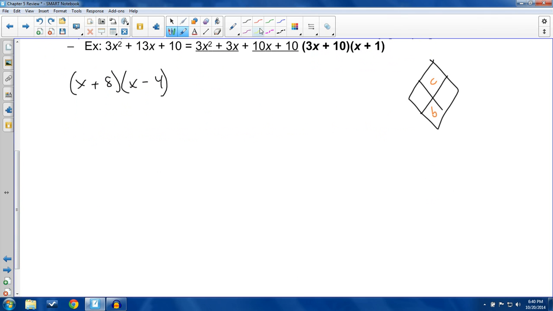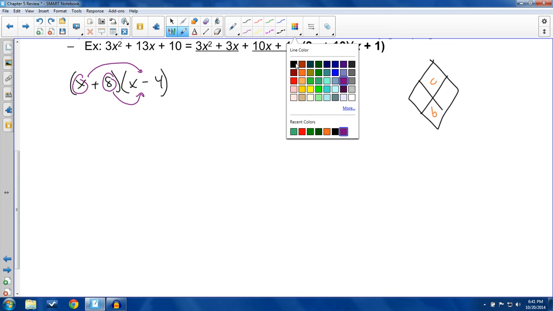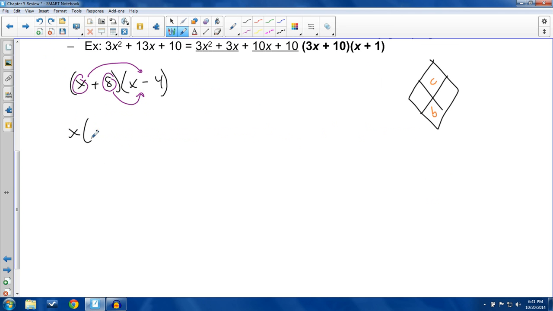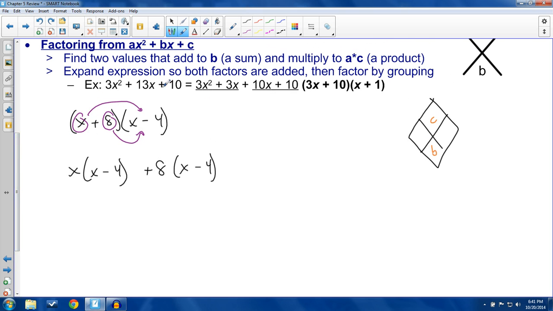But before that, I want to show you that this x value gets multiplied by this quantity here, and this 8 value also gets multiplied by this quantity here. So I'm going to write this out instead as x times the quantity x minus 4 plus 8 times the quantity x minus 4. This is an important step for me when I do this factoring by grouping step in the third example that we do later.